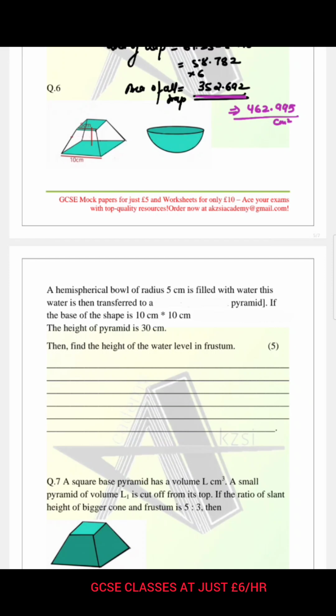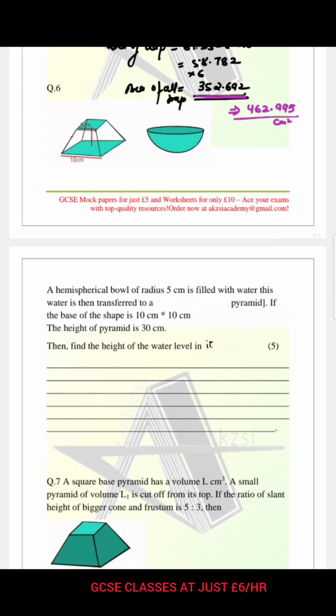So from here I can clearly understand that whatever be the water in the hemispherical bowl, the same volume will remain inside the pyramid when you pour it, obviously, because the same water you are transferring, so the volume will remain the same. Also it says the water has completely filled the hemispherical bowl.